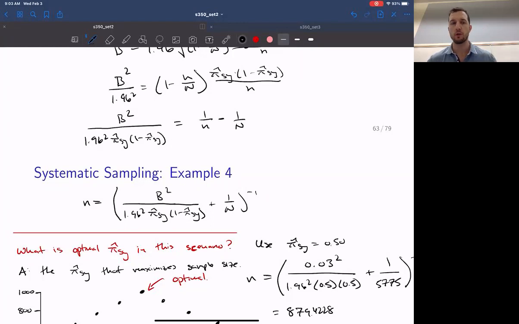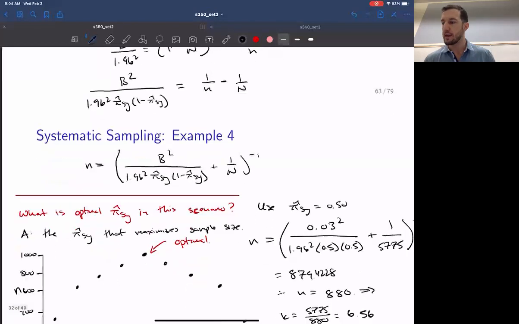Now, through this approach, we are able to construct estimates for a mean, a total. We are able to bound those estimates using confidence intervals. We are also able to construct estimates for a proportion, bound that estimate, and we can do sample size collection in each of those different situations.